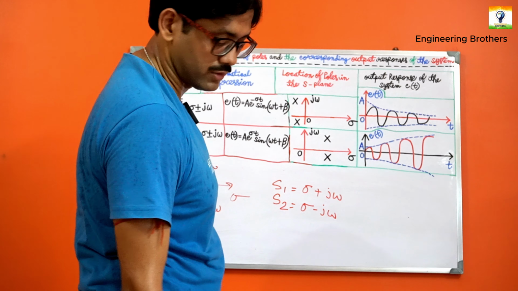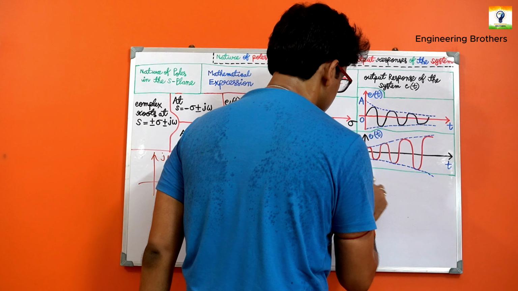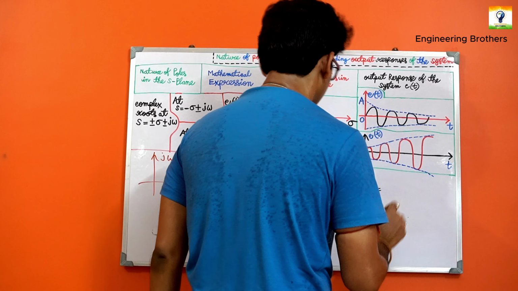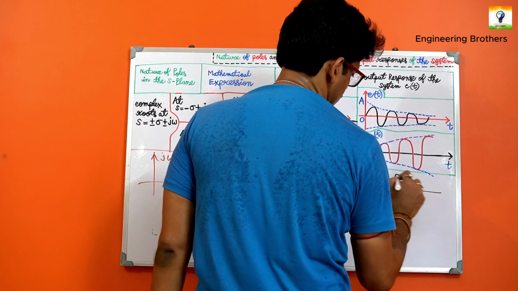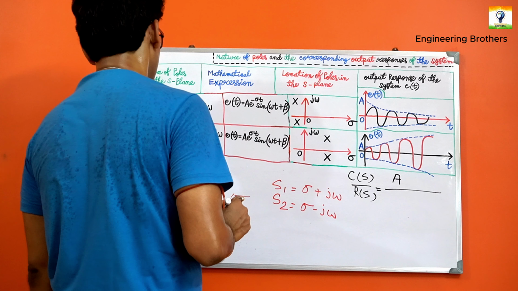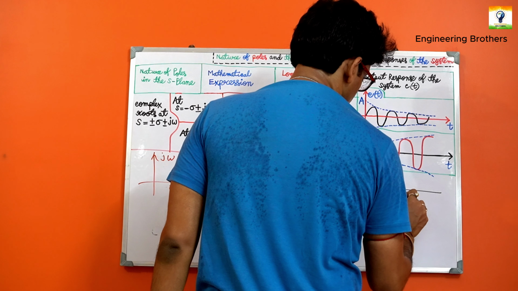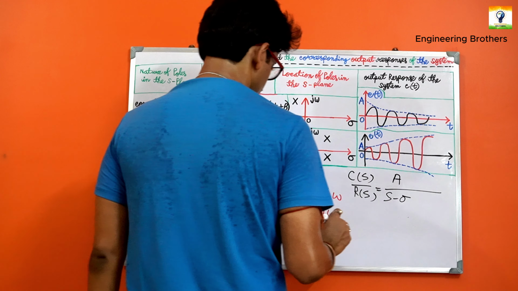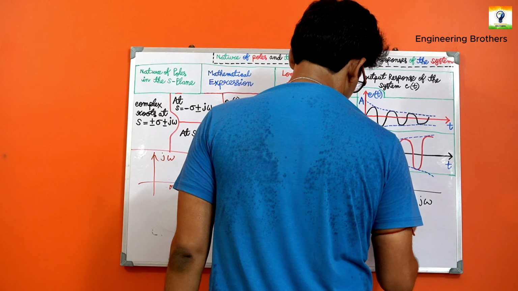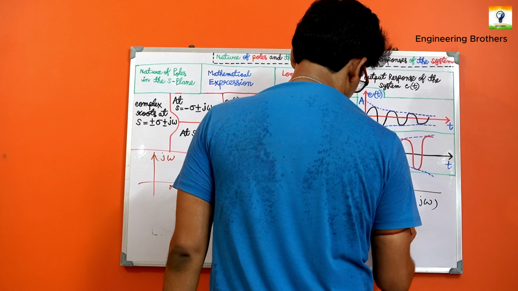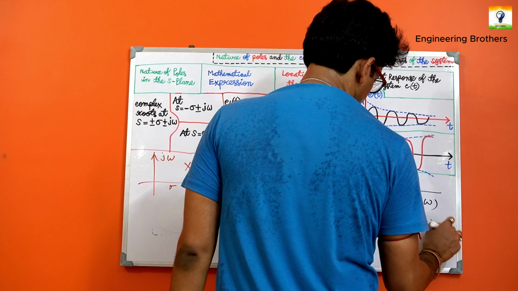The transfer function for our overall system will be C(s) divided by R(s), with a constant A present in the numerator. In the denominator we consider the pole positions, which are S minus sigma minus j omega as the first one, and the next one would be S minus sigma plus j omega.